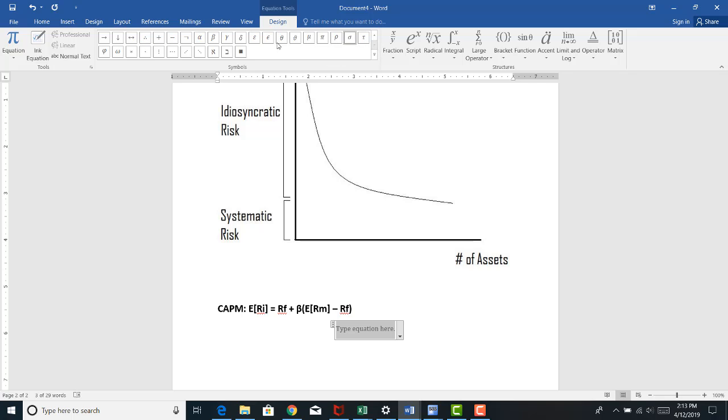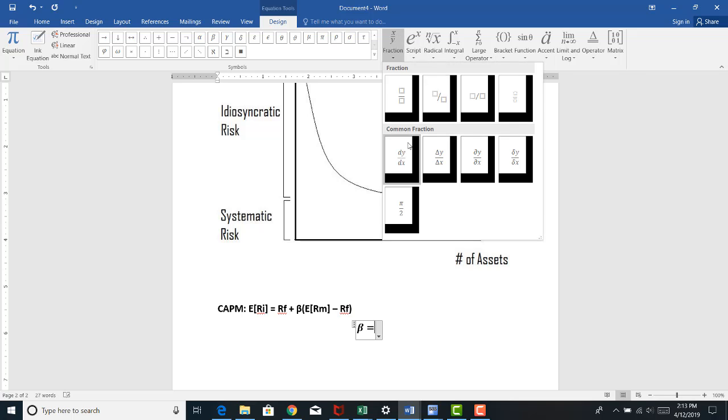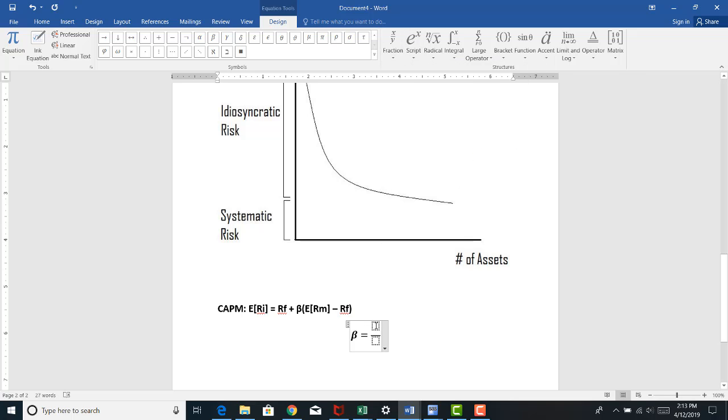Beta is equal to the ratio of the covariance between the returns for asset i and the returns for the market divided by the variance of the returns for the market.